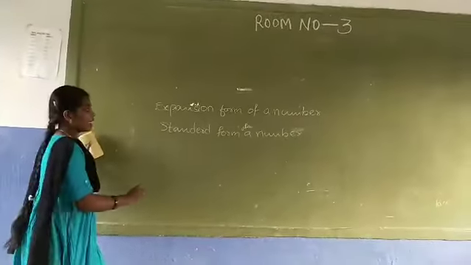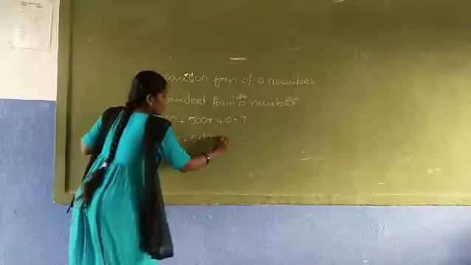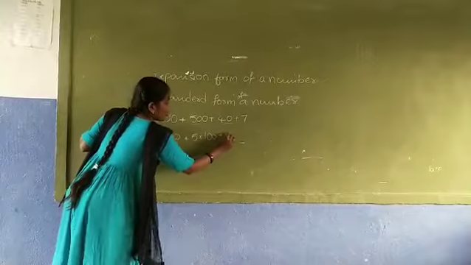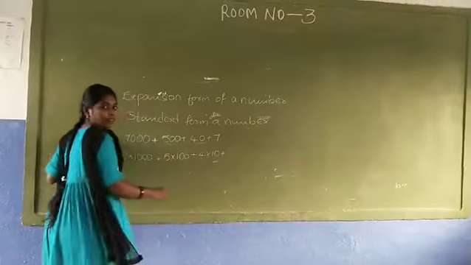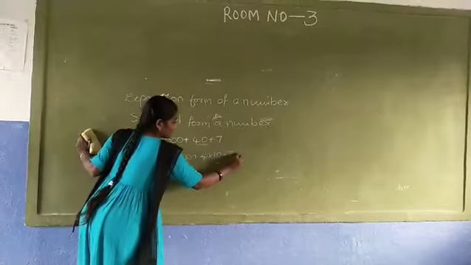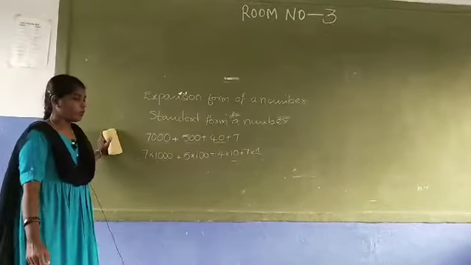What is the meaning of 500? 500 means 5 is under hundreds place. What is the meaning of 40? 4 is under tens place. 7 is under ones place. This is the expansion form.